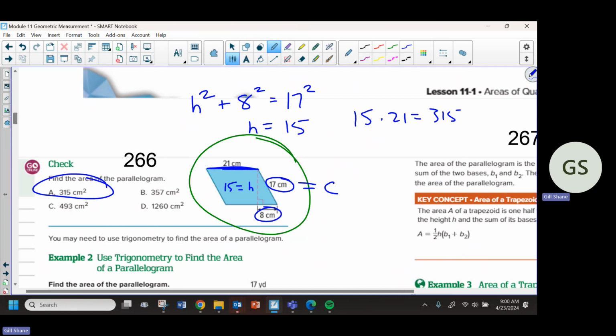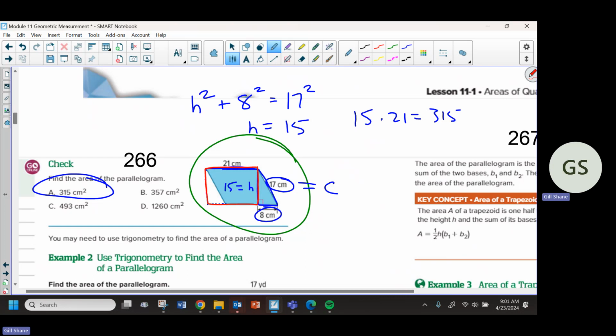Really quickly, we could have also done this as a parallelogram, which they tell you this is. That triangle actually fits right here and makes it a rectangle. So this rectangle is the same area as the parallelogram, because that triangle, if we cut it off and flipped it over to there, would fit in perfectly and form a rectangle.